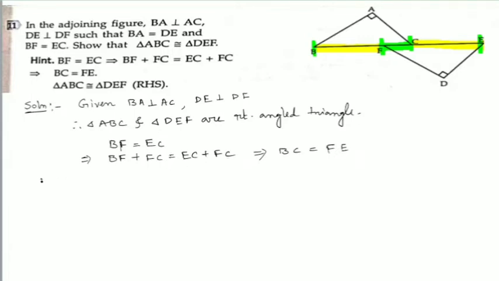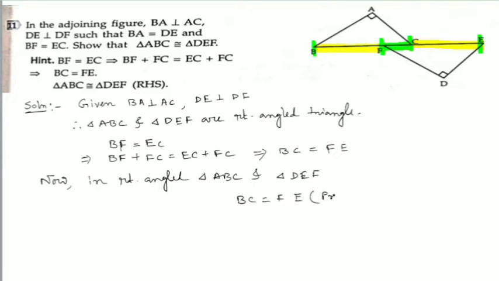Now, in right angle triangle ABC and triangle DEF, BC is equal to FE.